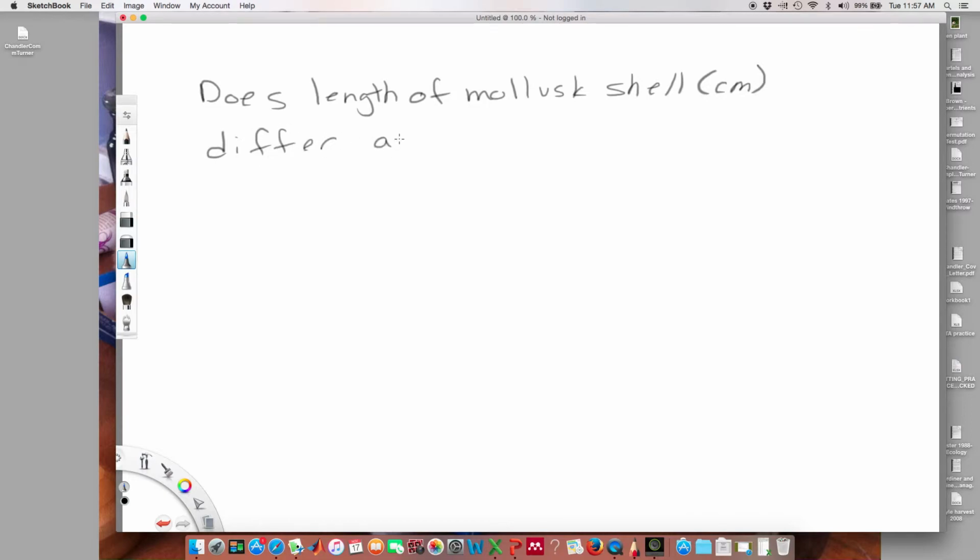But the question we want to ask is, does length of mollusk shell, and it's always important to specify your units, so we're going to use centimeters, differ among populations? Okay, so the question we ask is, does length of mollusk shells differ among populations?